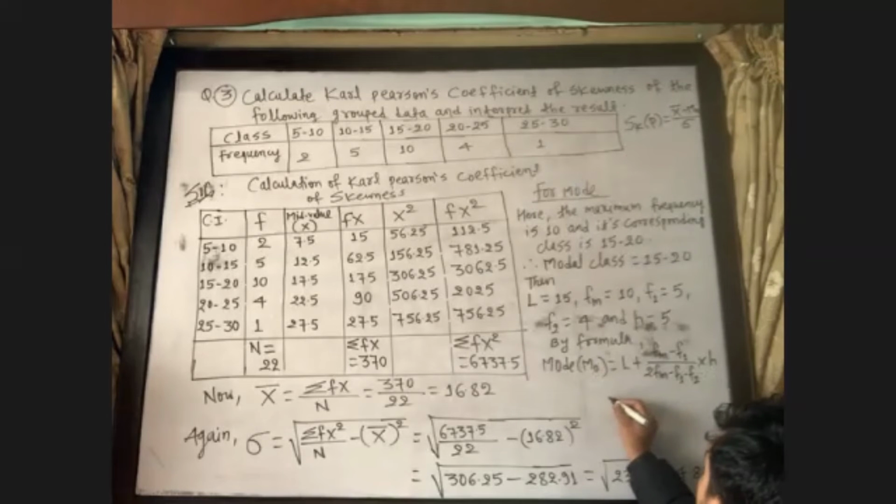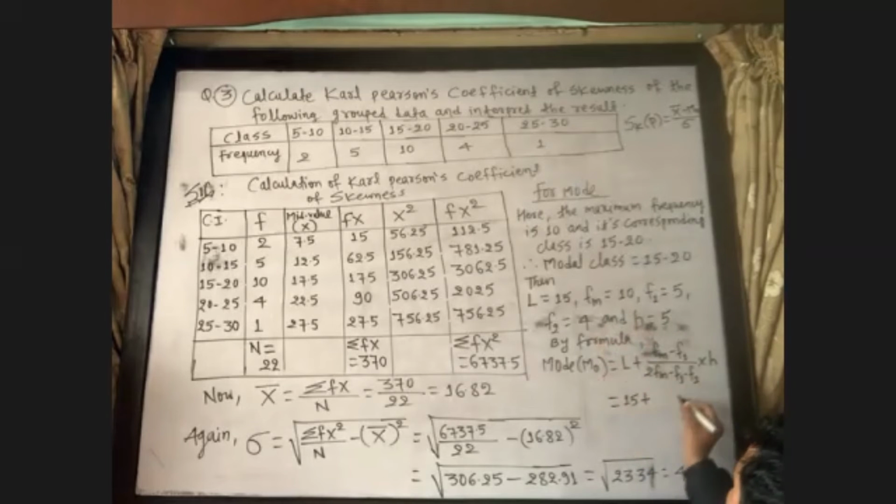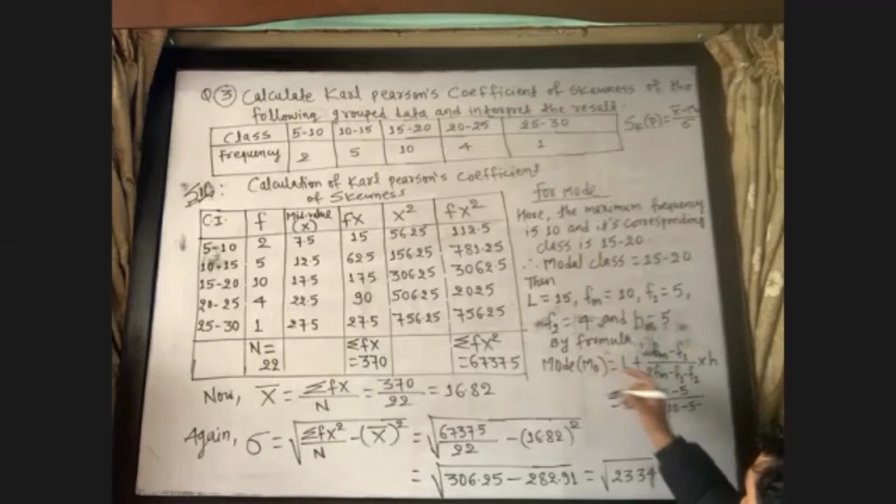Let's put the values. L भनेको हाम्रो यसमा कति छ त 15 छ. 15 plus, okay, FM means 10 minus F1 भनेको चाहिँ 5 divided by 2 into what is FM भनेको 10 minus what is F1 5, what is F2 4, okay, into H भनेको चाहिँ 5.